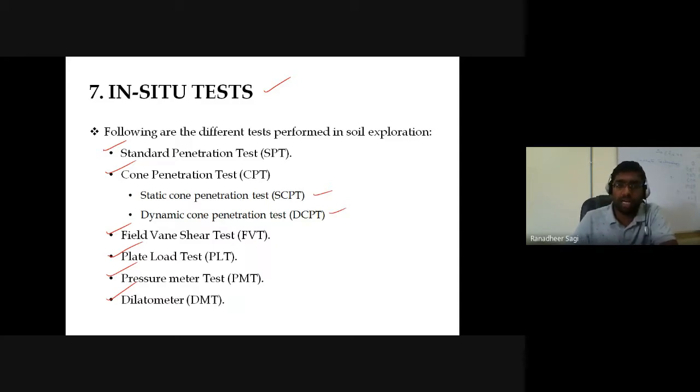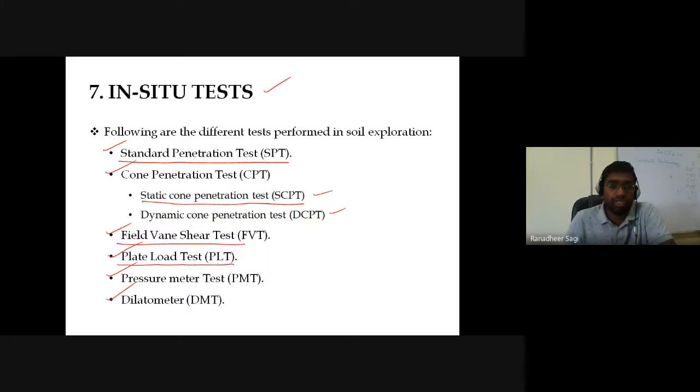However, as far as our course is concerned, we are going to focus on the standard penetration test, static cone penetration test, field vane shear test, and plate load test. The plate load test is going to help us understand the suitability of the soil for shallow foundations.